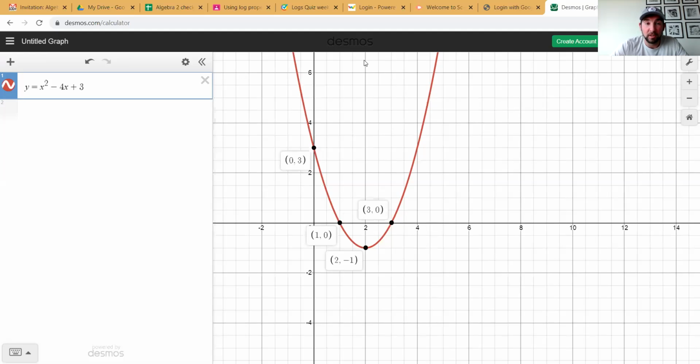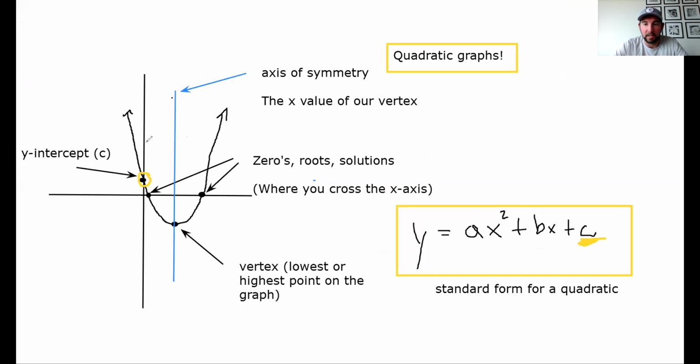For your homework this week, I'm going to be giving you a bunch of graphs, and I want you to identify all those key points. You have to identify the y-intercept, identify your 2 zeros, or 1 zero.